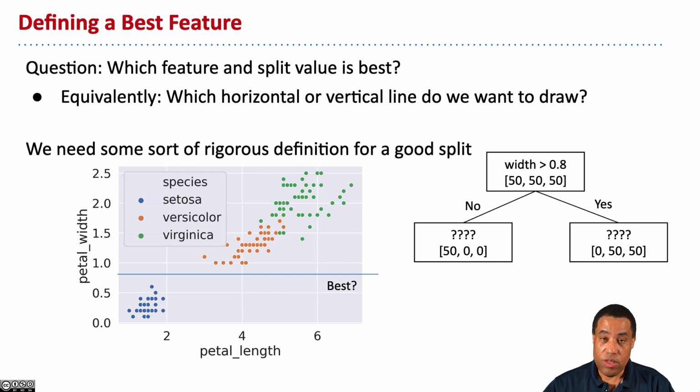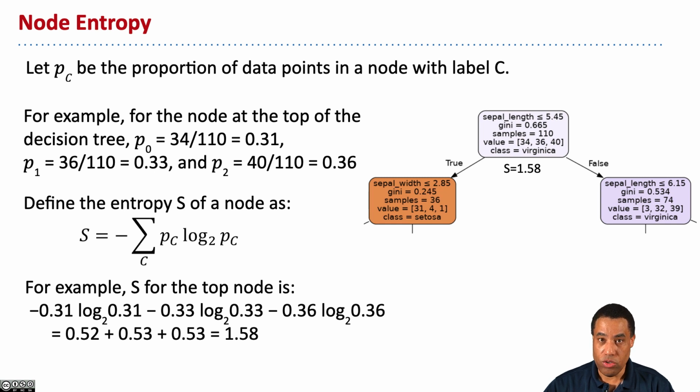So the rigorous definition that we're going to use is node entropy. Node entropy is defined as follows. We're going to say that P sub C is the proportion of data points in a node with label C. The node at the top of the tree, in this case, has P sub 0: there's 34 out of the 110 in that node, so it's 0.31.